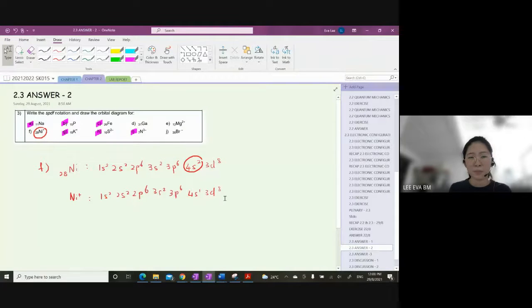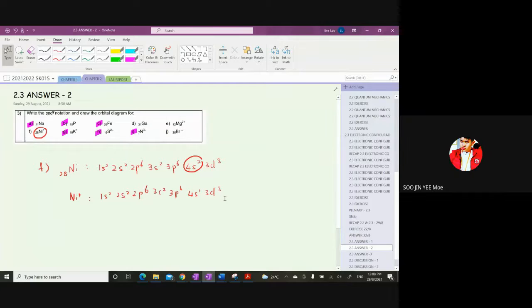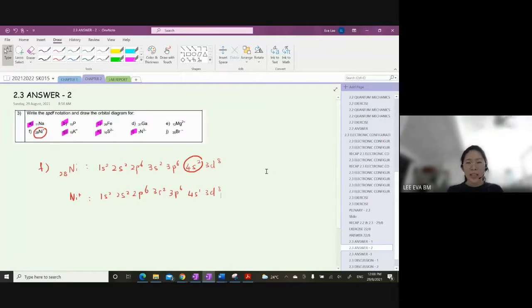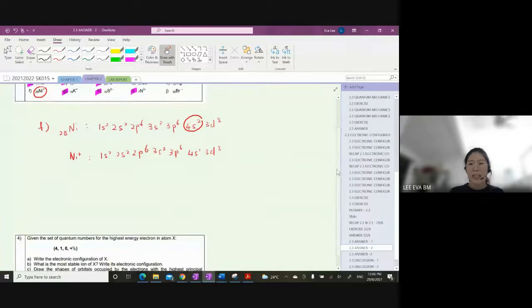Yes, Sue? Madam, for this nickel ion, can I write 3d8 and then 4s1? Okay, good question. Everyone pay attention, this is important because some may understand, some may not, since this involves a complicated idea. Actually, 4s and 3d are like two levels.